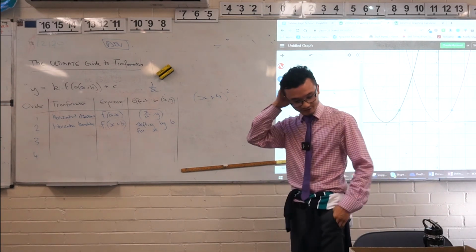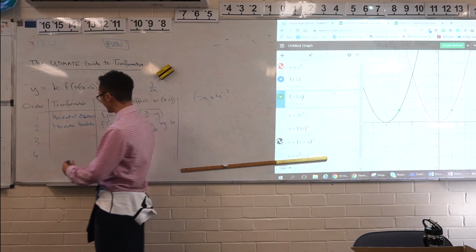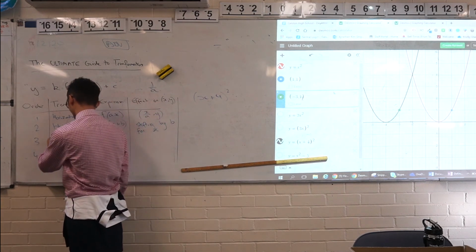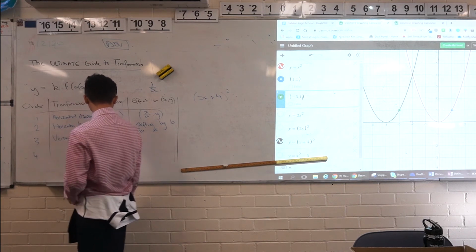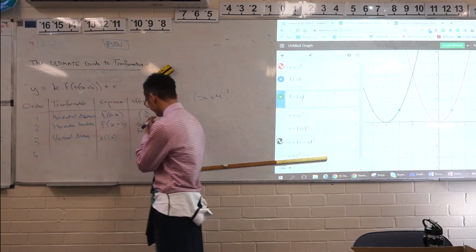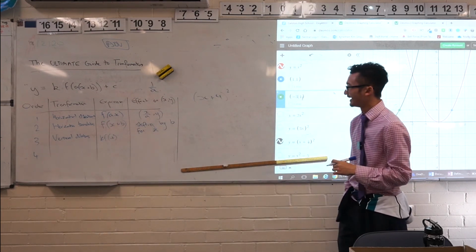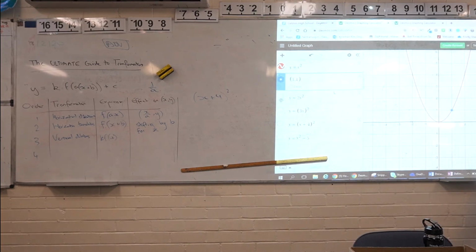The vertical ones, they make a bit more sense in the sense that they work how you expect them, right? So the next order is we take vertical dilations, right? So that's when you multiply the whole thing by k f of x. And so that one works how you'd expect, because if I get rid of these points, and I look at this one now, right?